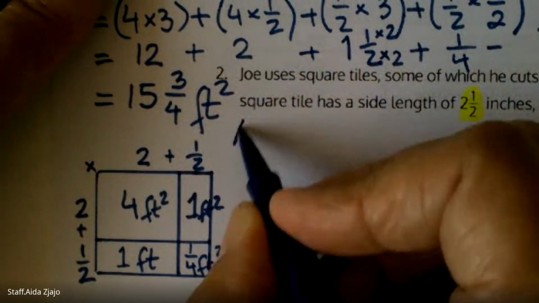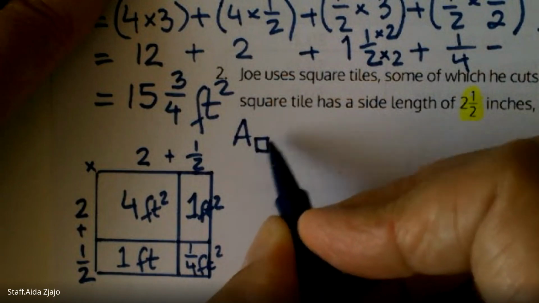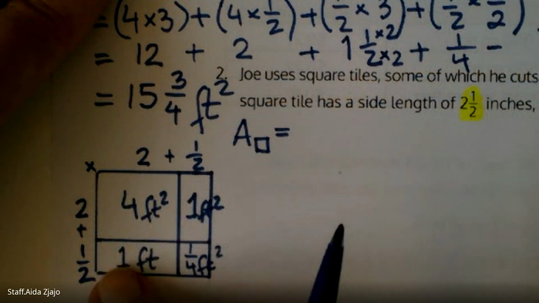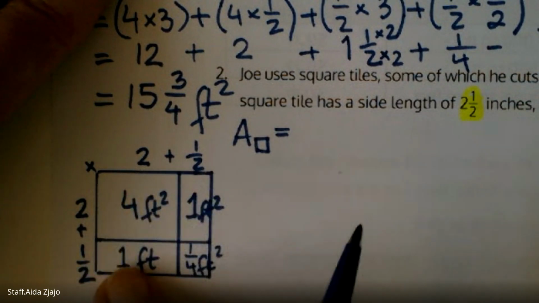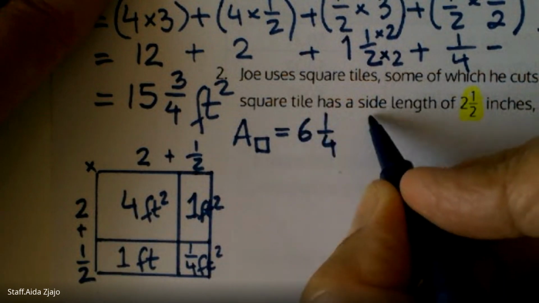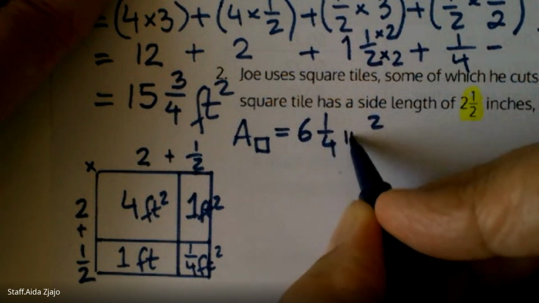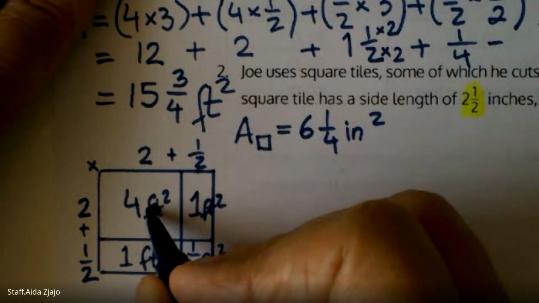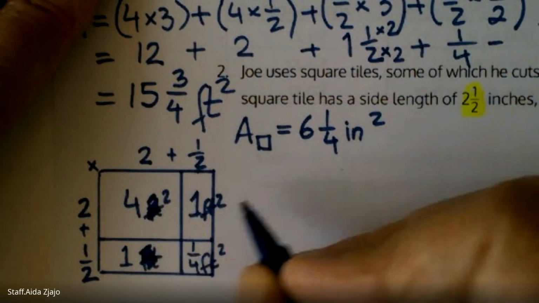The area of the square paper is 4 plus 5, 1 plus 1 is 6 and 1/4. So 6 and 1/4 square inches. Sorry, it's not feet, it's inches. I messed up with the measurement, so I didn't pay attention.